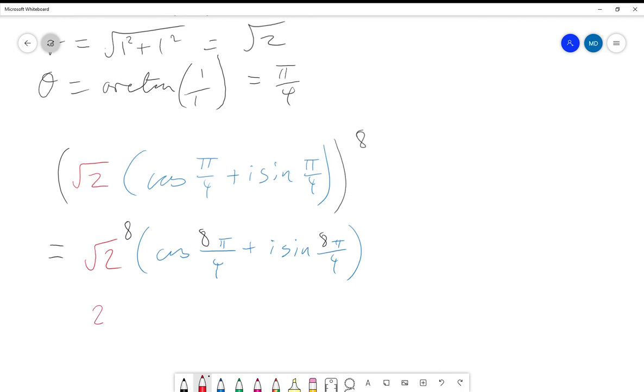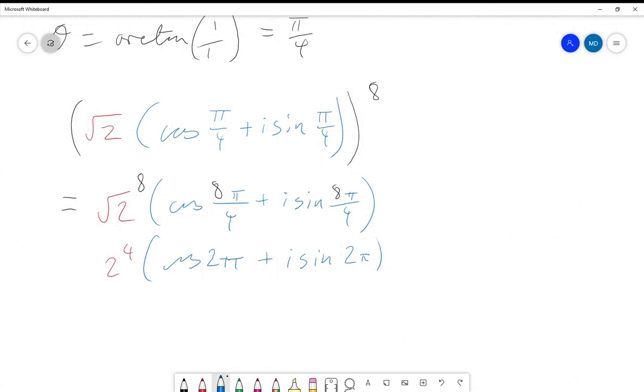Well, that's the same as 2 to the power of 4, multiplied by cosine of 2 pi plus i sine of 2 pi. But 2 pi is just a full rotation, so cosine is the same as cosine of 0 and sine of 0. So 2 to the power of 4 is 16.